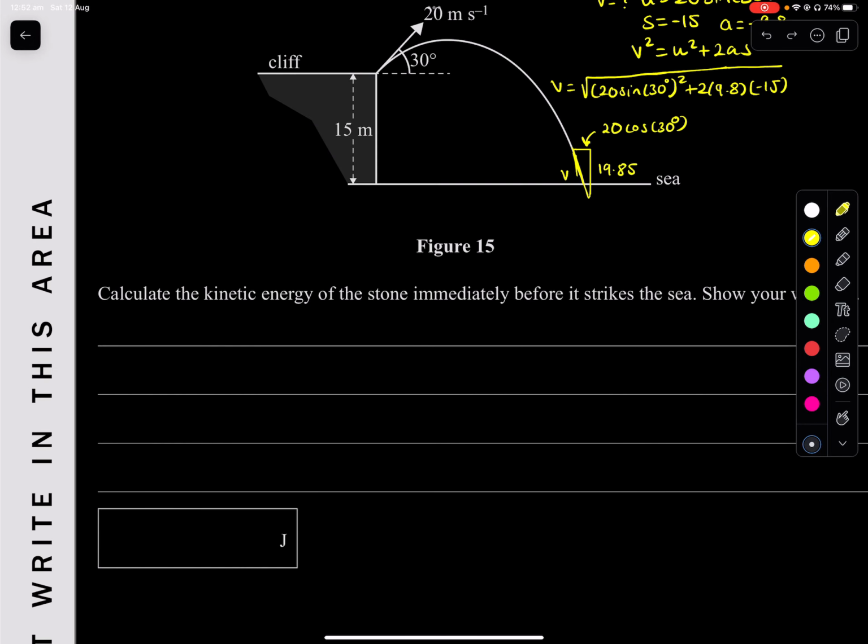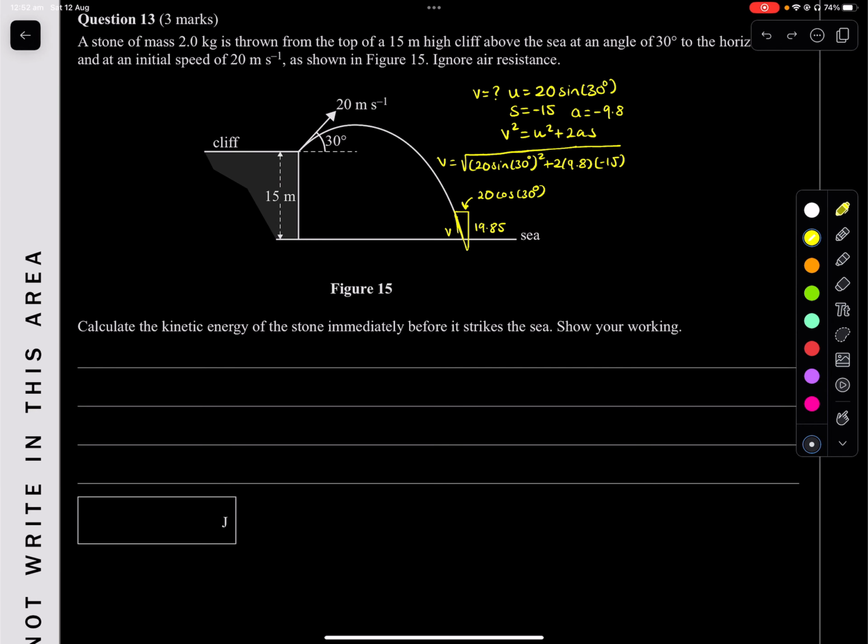Now we know this, so we can say velocity is equal to the square root of 20 cos 30 degrees squared plus 19.85 squared.